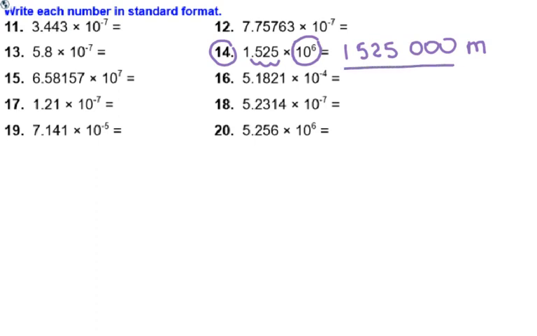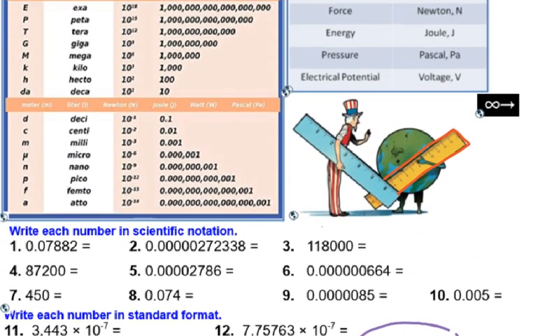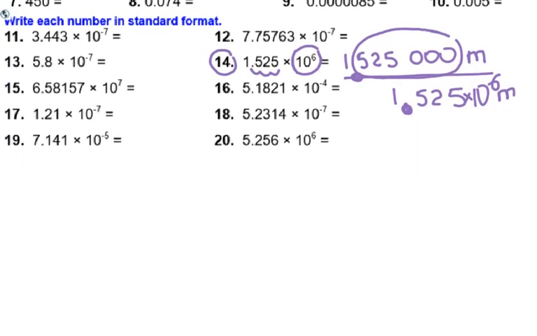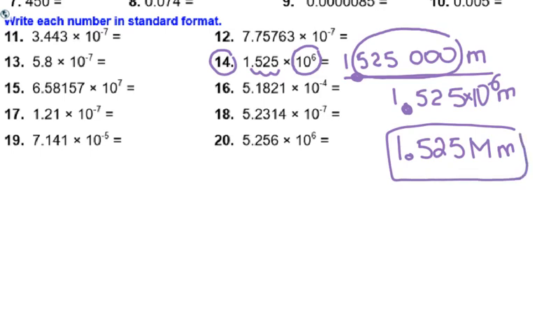I could also rewrite this number as 1.525 measured in meters, but instead of all this, because I placed the decimal right here, instead of writing 10 to the 6, I could use the prefix, and 10 to the 6 means mega, so I could rewrite this number as 1.525 megameters.